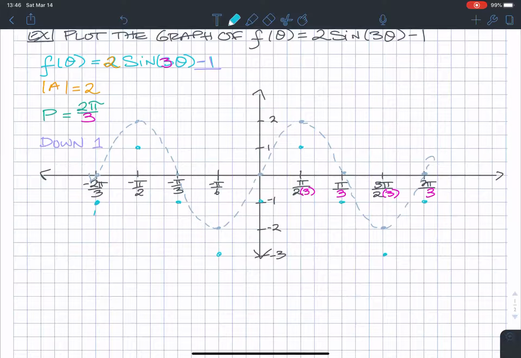Okay, so now we can connect the dots with the final graph. Okay, there we are. So that would be 2 sine of the quantity 3 theta minus 1.